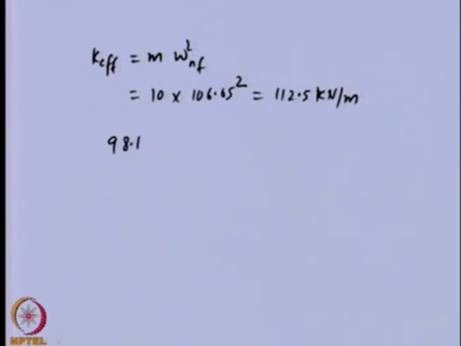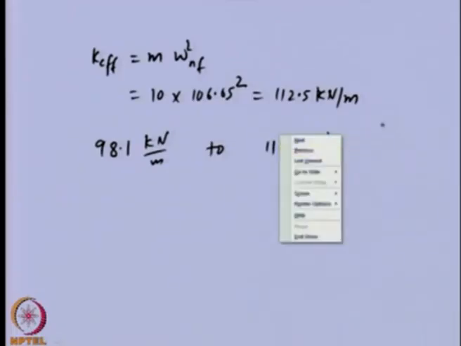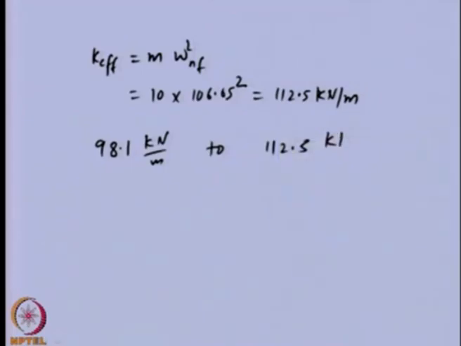The previous one is 98.1 kilonewton per meter. Again I am repeating this. So that means the effective stiffness should not fall within the range 98.1 kilonewton per meter to 112.5 kilonewton per meter to avoid the resonance.